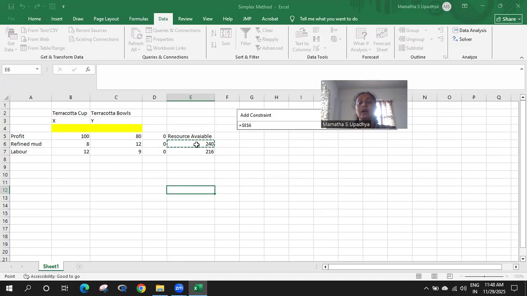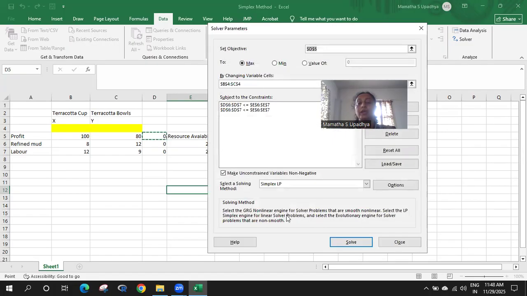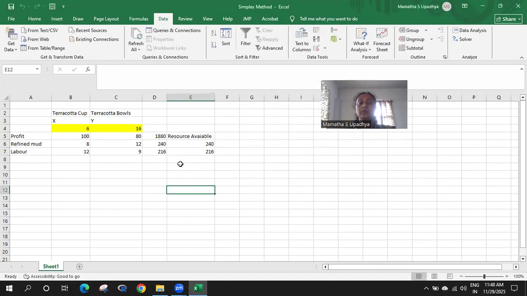The constraints are 240 and 216. Let us select that and now we can give OK. Since the solving method is Simplex LP, it's all done. Now you can give solve. Keep the solver solution. Yes, now you can give OK.